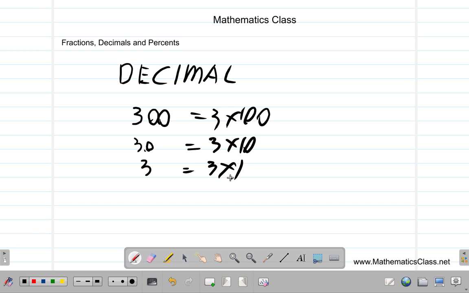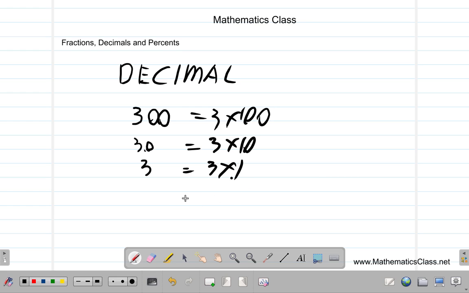So there, it's based on 10, because 100 is 10 squared. So it's based on powers of 10. The decimal number system is based on base 10. It's a base 10 number system.